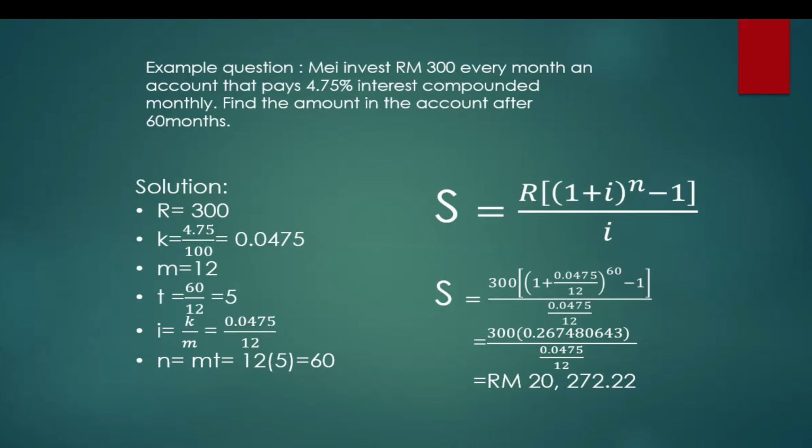Next, we put the information into the formula, which is 300 in the bracket 1 plus 0.0475 divided by 12 power of 60 minus 1 divided by 0.0475 per 12. And lastly, the answer that we get is RM 20,272.22 ringgit.